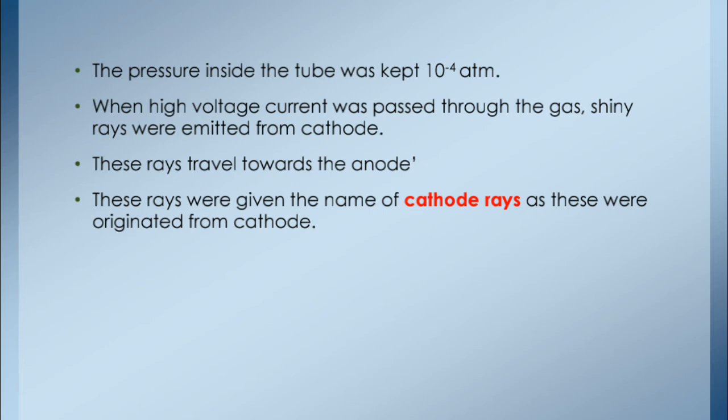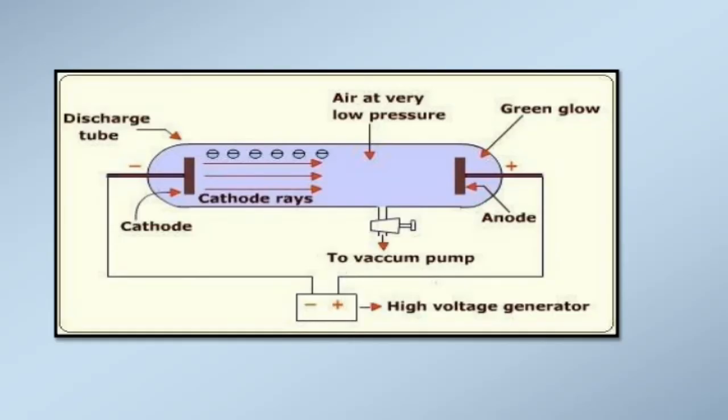When a high voltage current was passed through the gas, tiny rays were emitted from the cathode. These rays traveled towards the anode, and were given the name cathode rays as they originated from the cathode.